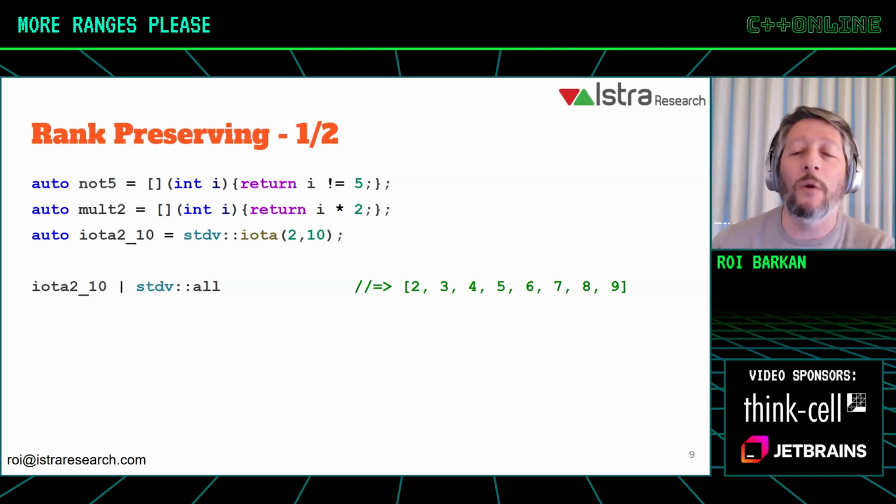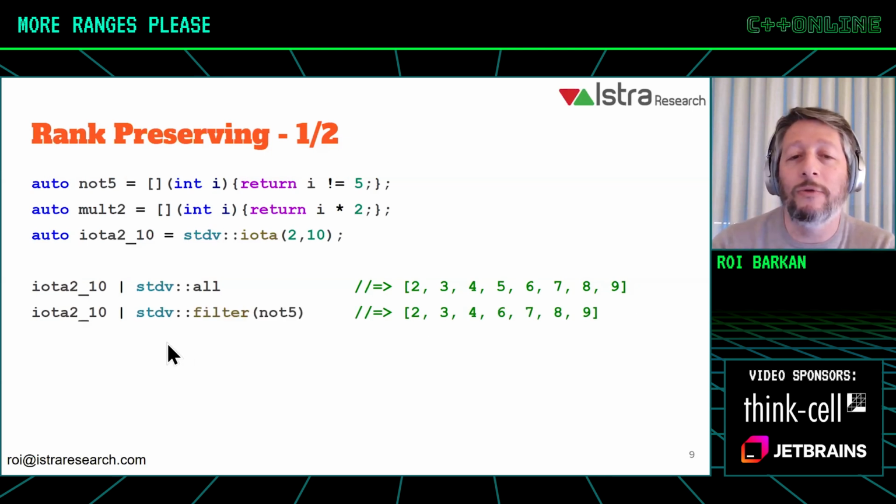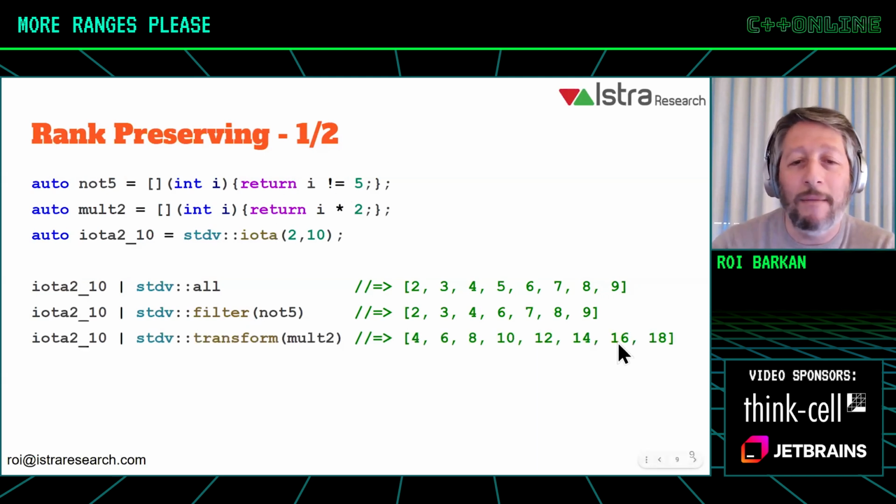It's sort of like a generic way to make sure that anything can be converted into a range. And here we have the iota range that looks at all the numbers from 2 to 10 without the 10, and piping it into the all view basically doesn't change any of it. If we go and try to use a filter, we'll give it a predicate that basically returns not 5. We filtered out the number 5.